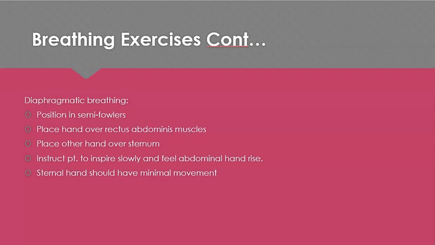So diaphragmatic breathing, and this is described also on page 391 in score builders of indications and precautions. So in semi-Fowler's position, place hand over rectus abdominis muscle, place other hand over sternum, instruct the patient to inspire slowly and feel the abdominal hand rise, so that way you can initiate the diaphragm instead of using accessory muscles for breathing.